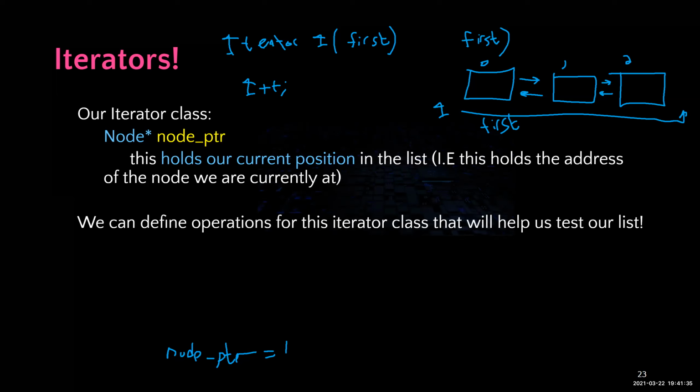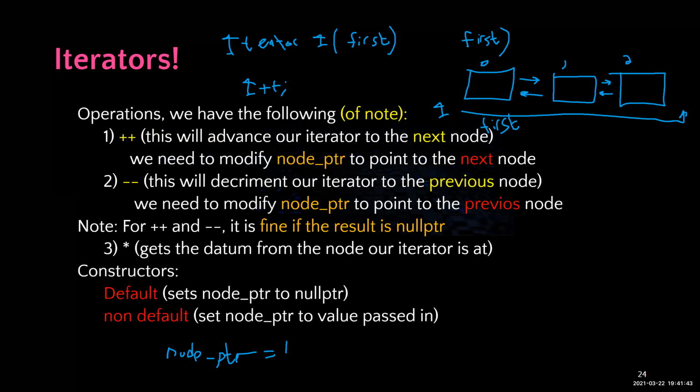That could be null pointer, it could be first, it could be any node in our linked list. And the parameter that's being passed to the constructor of the iterator is the node we want the node pointer to point to? Yep, exactly. Or it could be nothing. We could just say iterator I, and that would create an iterator that points to null pointer. Perfect, that makes sense. Thank you. Yeah, of course.